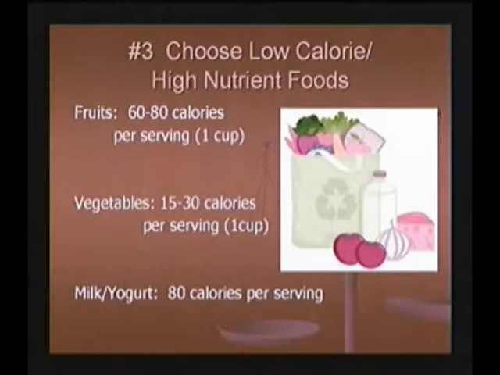If we look at the next slide, we have: choose low-calorie, high-nutrient foods. If I look at fruit, 1 serving is about 1 cup of cut fruit, 1 cup of strawberries, or 1 medium-sized orange, apple or banana, usually somewhere between 60 and 80 calories. That is going to be a better option for me, the whole fruit, than the juice, okay? Because the juice usually doesn't have the fiber, since they take out all the pulp.